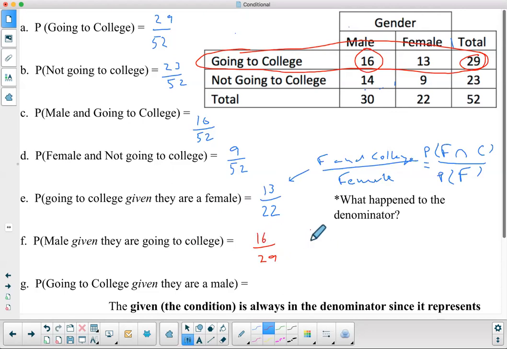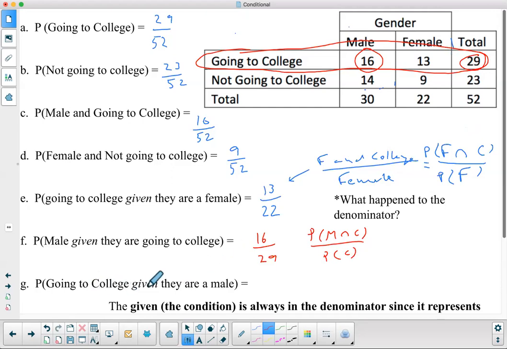In this situation, we looked at the probability of being a male, right? And going to college, over the probability of just going to college. So 16 over 29.